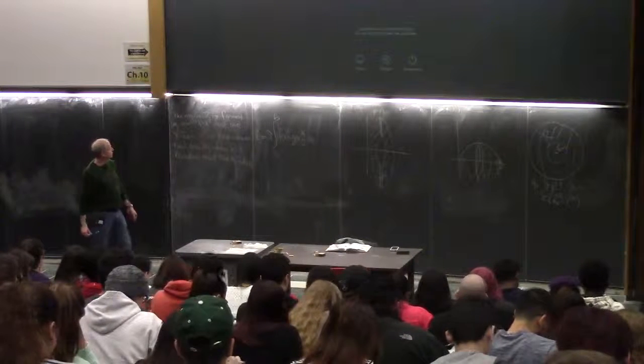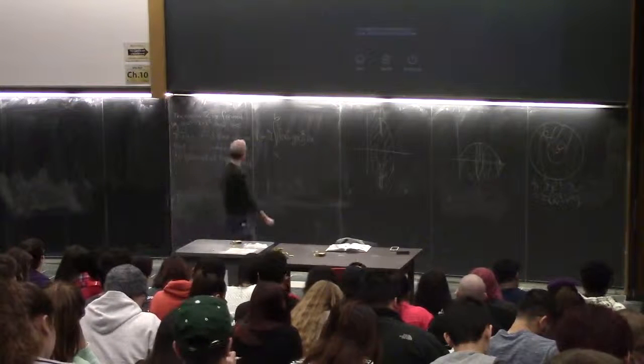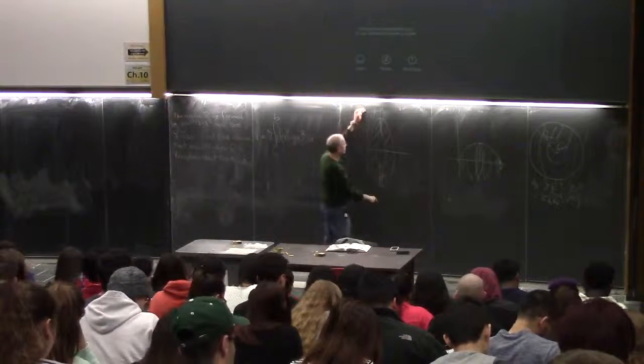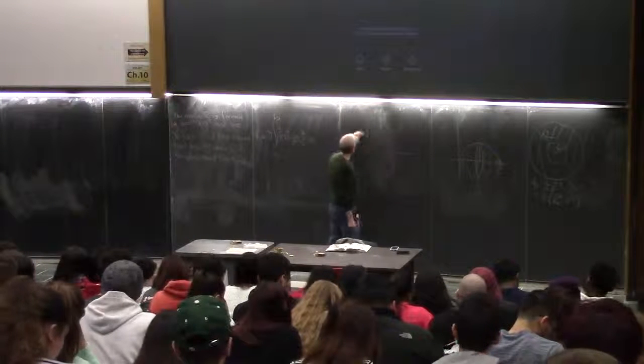Find the volume that results when R is revolved about the x-axis. So it's actually going to look pretty much like this picture, but I'll redraw it.